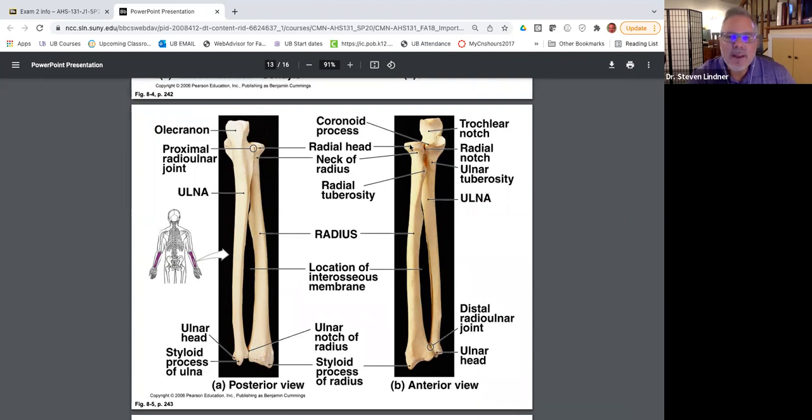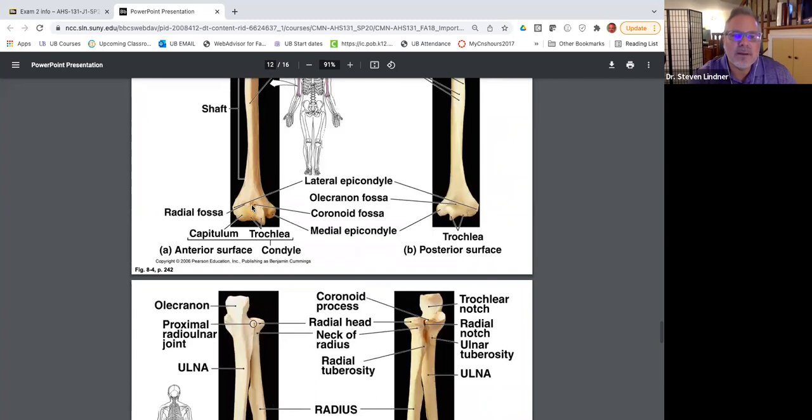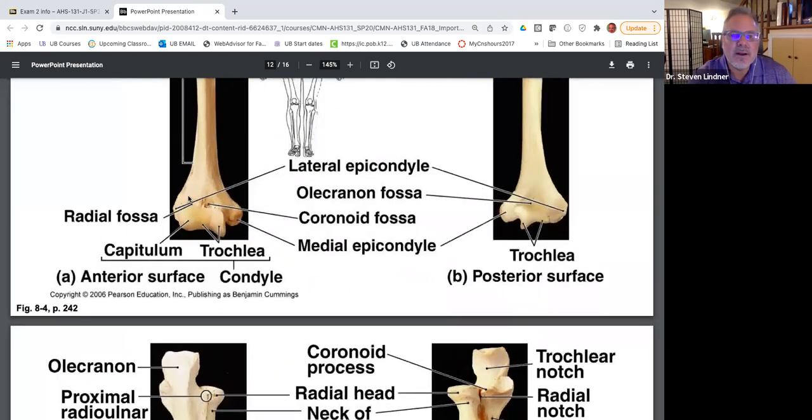So the head of the radius, or the radial head, and the coronoid process, these two landmarks are going to articulate here and here, the radial fossa and coronoid fossa, when the elbow bends. So when your elbow bends, these two landmarks are going to fit perfectly in these two depressions.